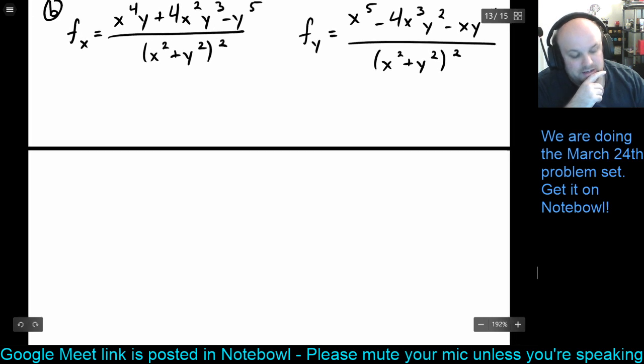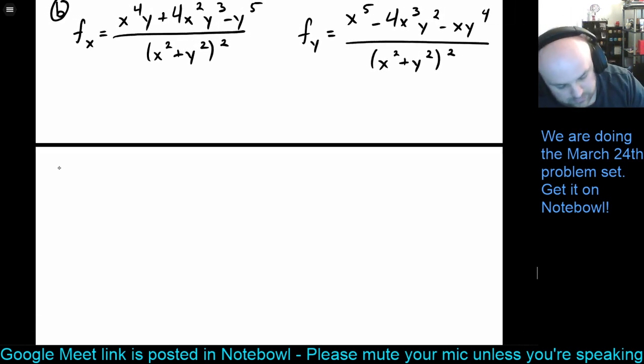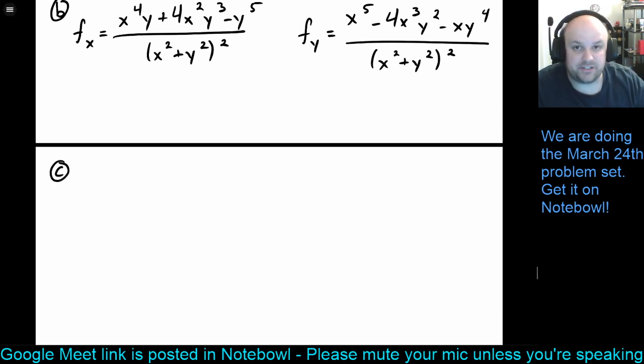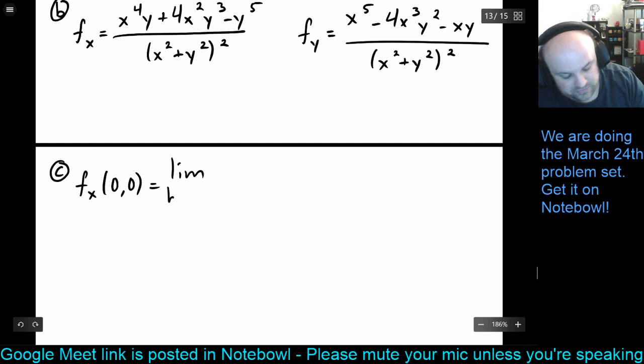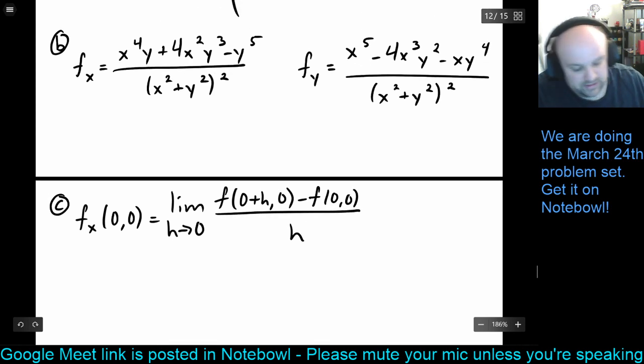Now, when we want to do the derivative at the origin, we have to actually use the limit definition. So we're looking here at f_x(0,0). This is the limit as h goes to 0 of f(0 plus h, 0) minus f(0, 0), over h.